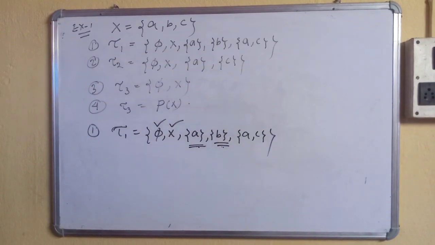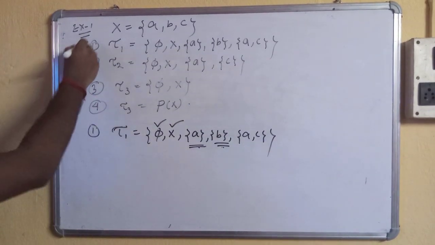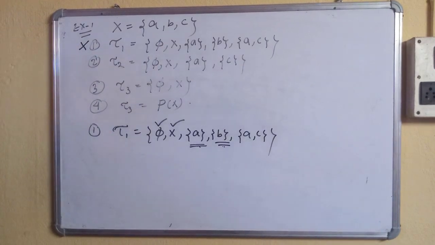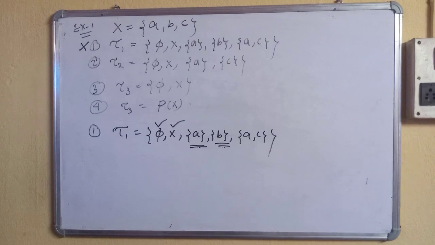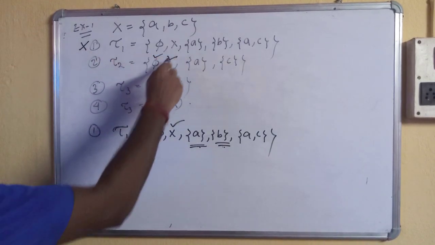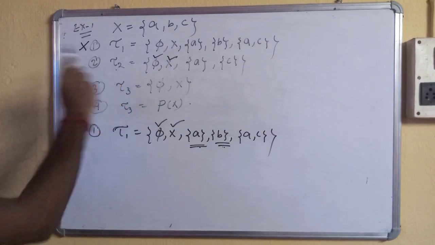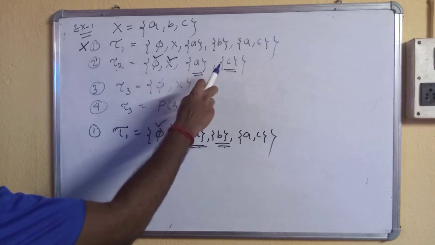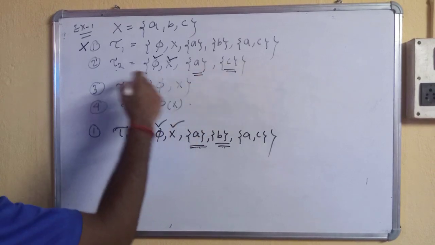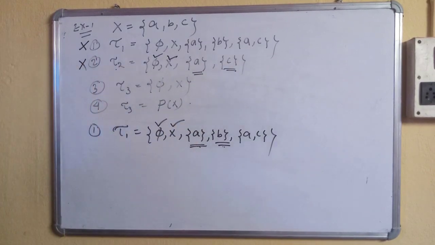So it is not a topology. For tau 2, phi and X are in tau 2, but if we take these two, their union is not in tau 2. So it is again not a topology, right?